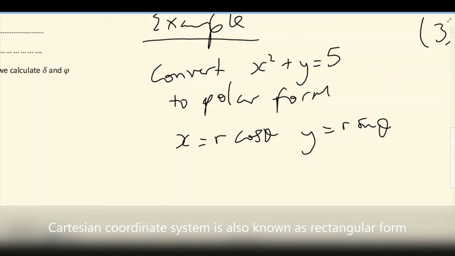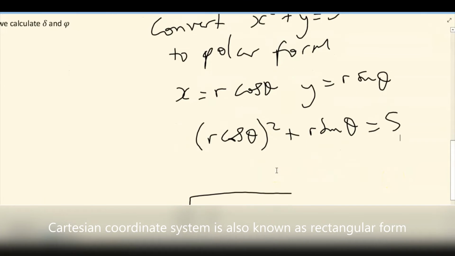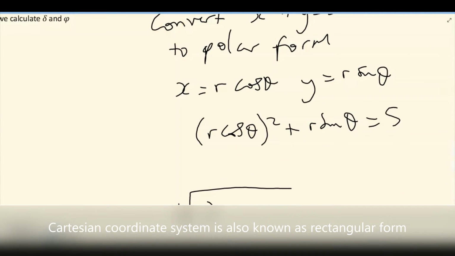So it will be (r cos theta) squared plus y, which is r sine theta, equals 5. And that's it. We are in polar form, and that's basically it.